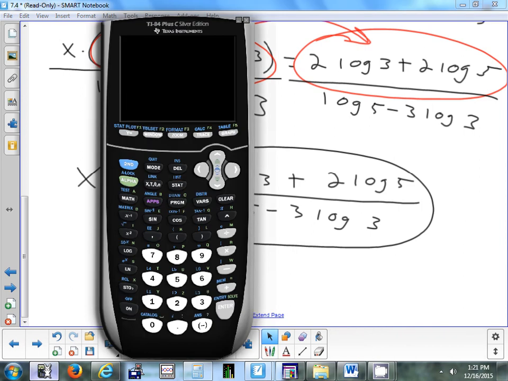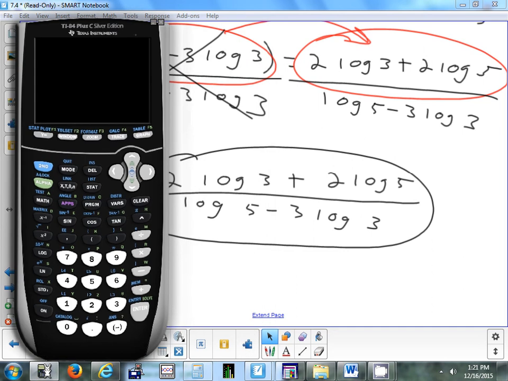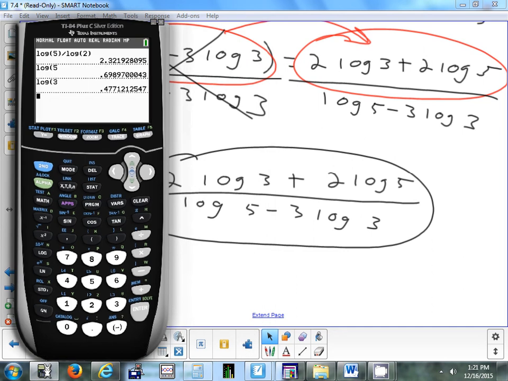So if they really want you to find the decimal for this, I would type it in 2 steps. First thing I would do is just the top. 2 log 3 plus 2 log 5. That's pretty easy. Just type in the top, get that answer. Then type in the bottom separately.